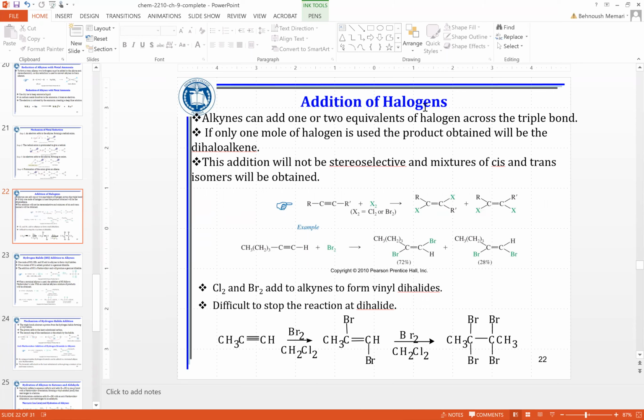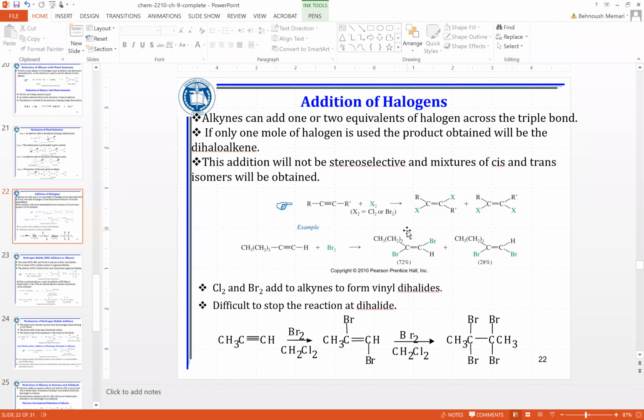Addition of halogens, you get a mixture of the products. You can get cis or trans product. If you add Cl2 or you add Br2, you could get both, but in general, trans is more stable than cis.